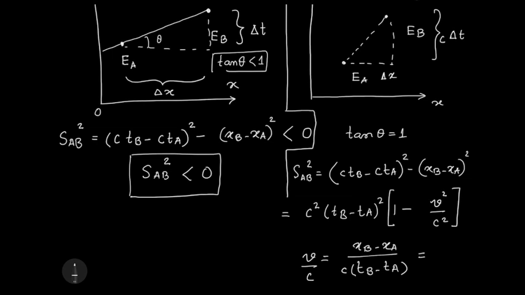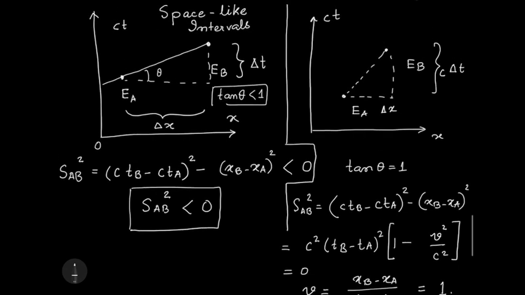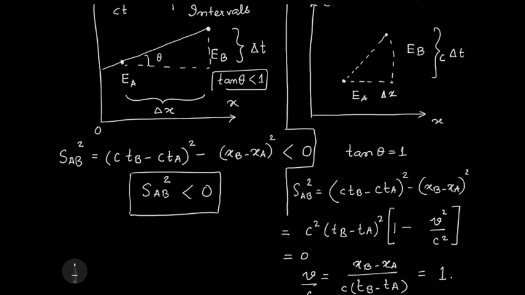This is equal to, my velocity is obviously then c, so this is 1, or my interval becomes 0. You see, what I am doing is I am considering two points on the trajectory of a light ray. So the velocity along the trajectory is equal to the speed of light, obviously.